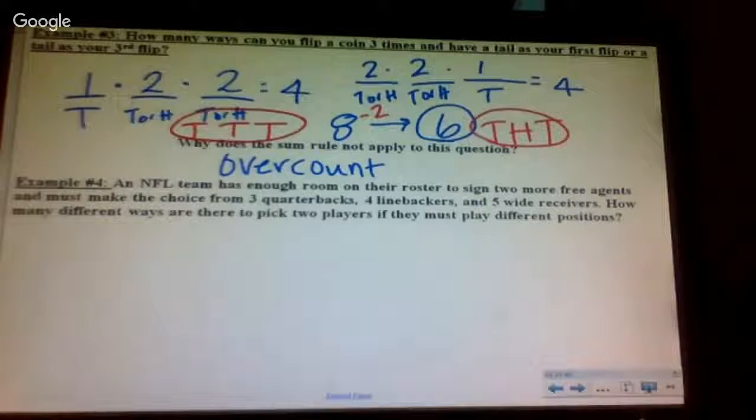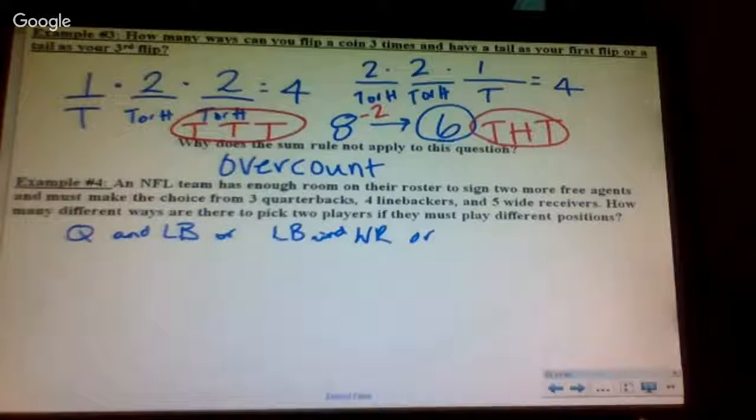So, for instance, I can pick a quarterback and a linebacker. What else can I do? Linebacker and wide receiver. What else can I do? Wide receiver and quarterback.